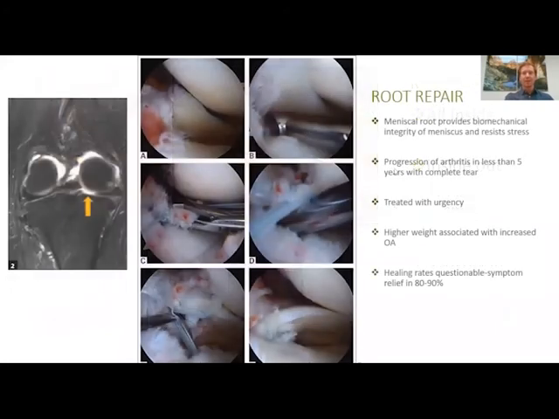And then I mentioned, when the meniscus actually becomes detached from the back, from its attachment points in the center of the knee, this is a very important surgery, but also a little uncommon. We can repair it down to the bone, so reattach the origin of the meniscus down to the bone.